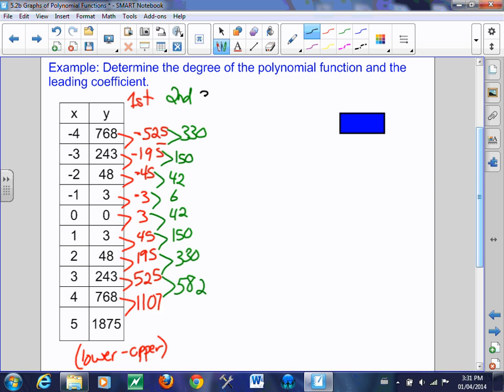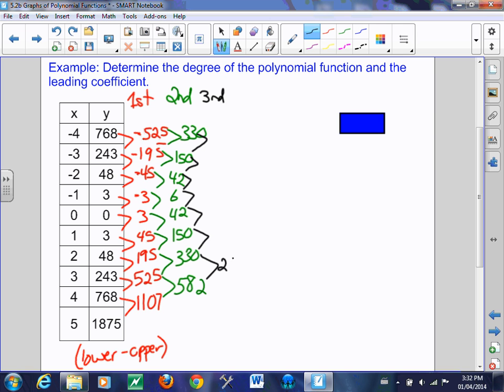So we're going to do what's called the third differences. Let me erase those arrows and do that a little better. Okay, doing the third differences.